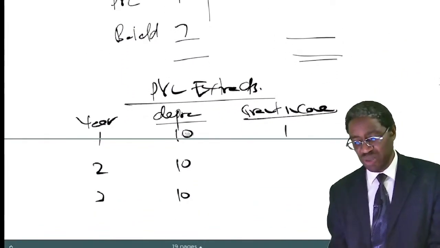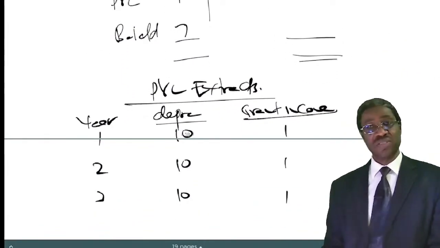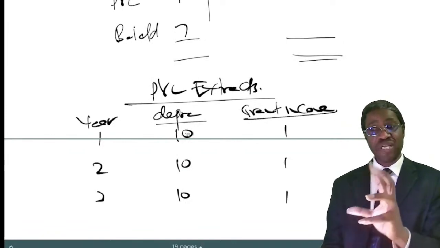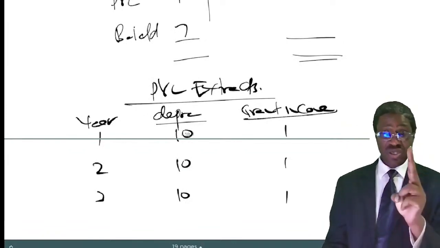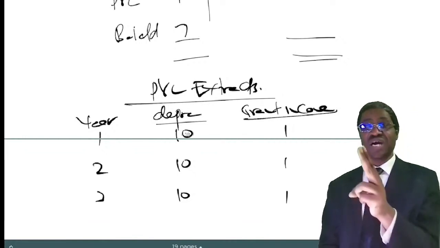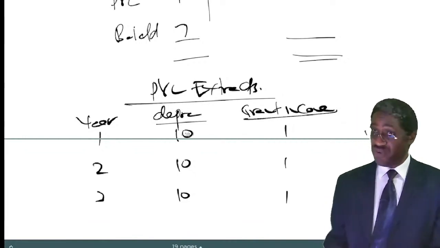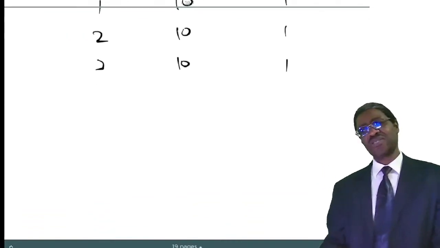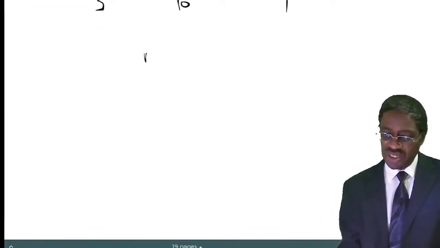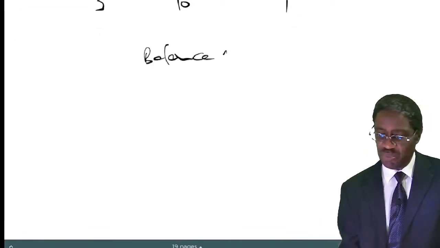That's what you will take to the P&L account every year. This time, your P&L account will show two things: your depreciation and, at the same time, the income that you are recognizing every year. Good. That's as far as the P&L account is concerned. What about the balance sheet? When it comes to the balance sheet, that is the statement of financial position.